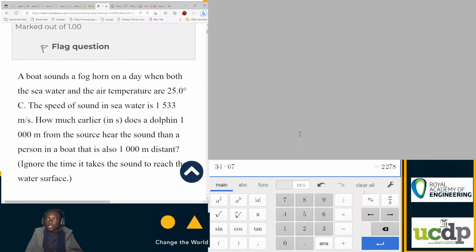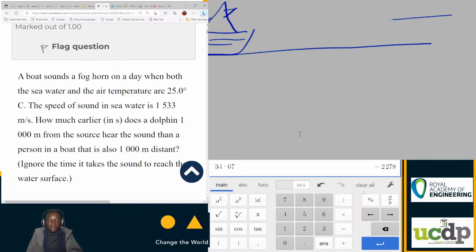So this is a question where let's say we have a boat there, and 1,000 meters away is another boat.